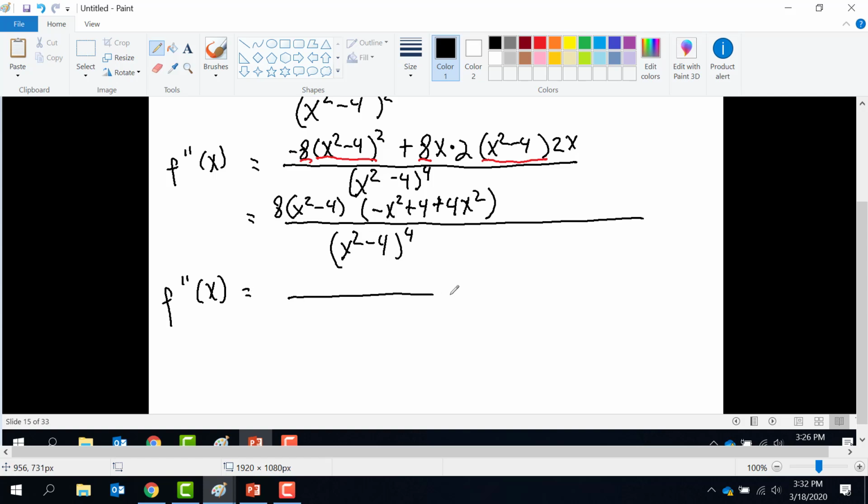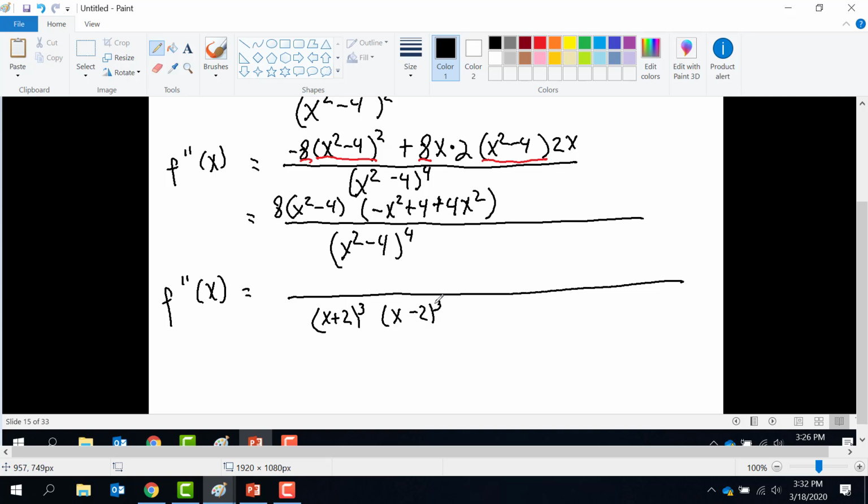Now, we're going to get rid of one of the x squared minus 4's on the bottom. And so then we will end up with x squared minus 4 to the 3rd power. And again, since we're going to make the sign chart for this, it's going to be better if we factor this, and so then rewrite it as x plus 2 to the 3rd power, x minus 2 to the 3rd power.